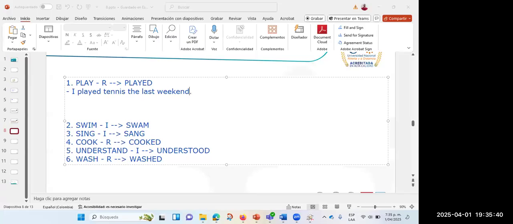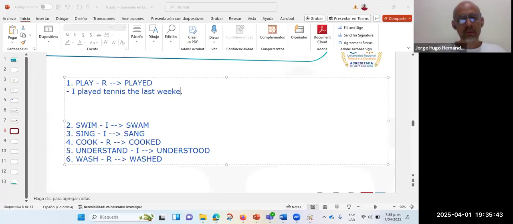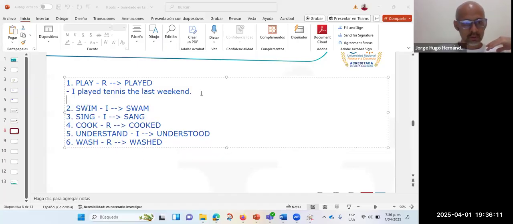We can say last week, last weekend, last month, last year, last summer, okay? Last. Porque last es el pasado, el último, ¿no? El último fin de semana o el pasado fin de semana. Last week, el último mes, la última semana o la semana pasada, okay? Good. This one is correct.